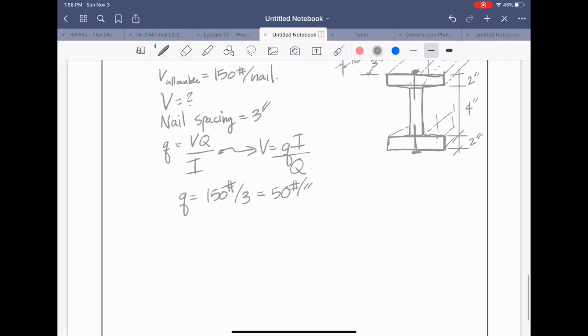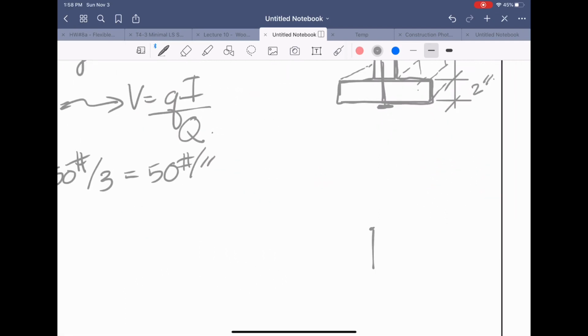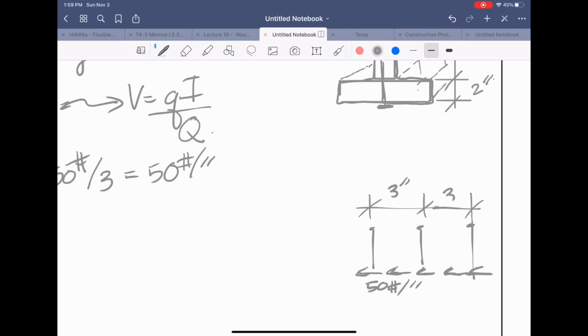If we have our nail spacing coming down, at 3 inches on center, and we have another one, let's draw the shear flow like this. It's the shear that is flowing at 50 pounds per inch. So this one nail, for example, has a 3 inch spacing.